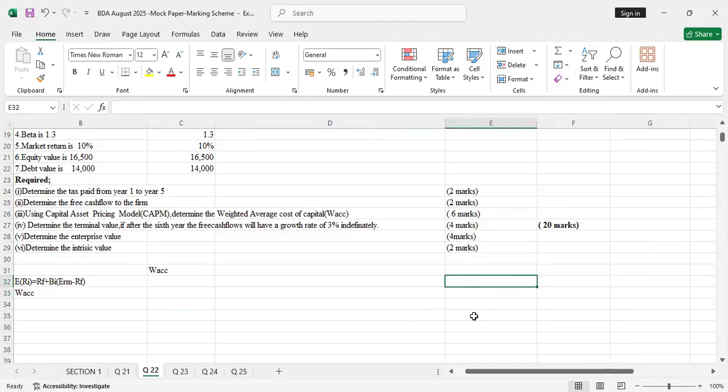So the formula, we say that it's the value of the equity, you divide by E plus D, the value of equity plus the value of debt.